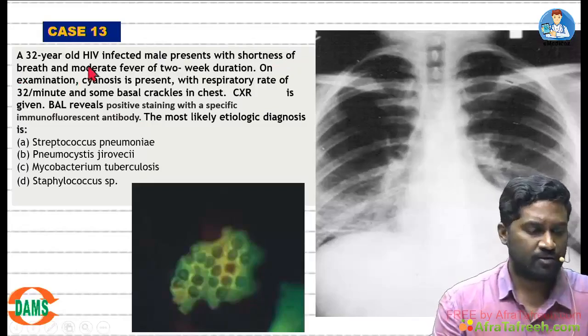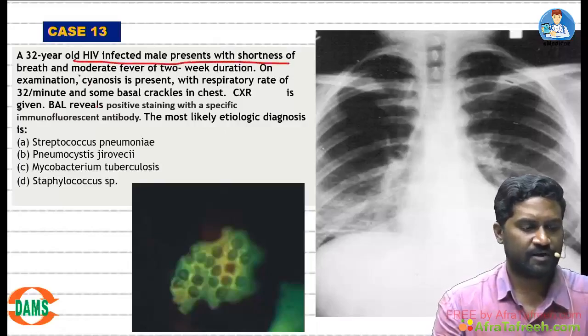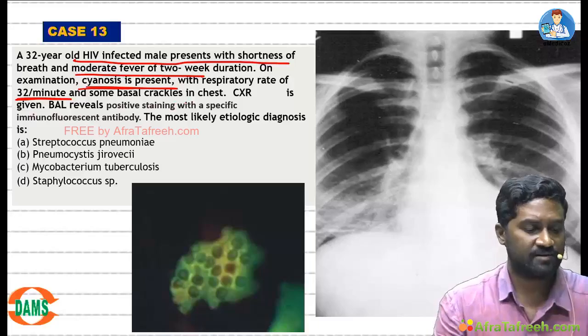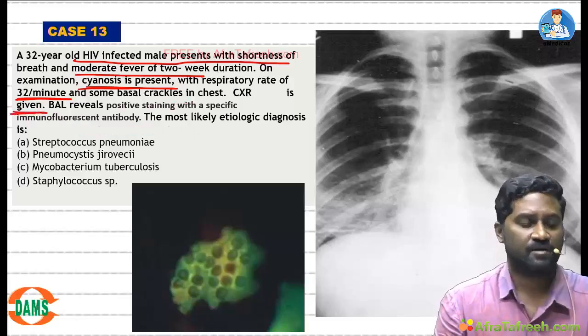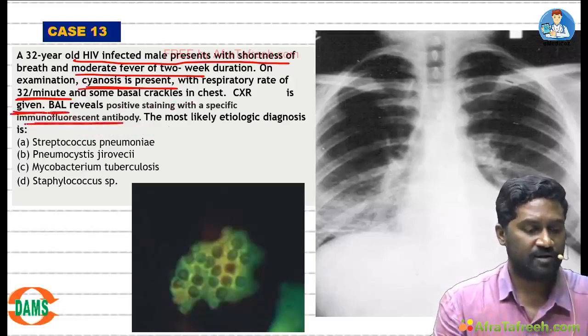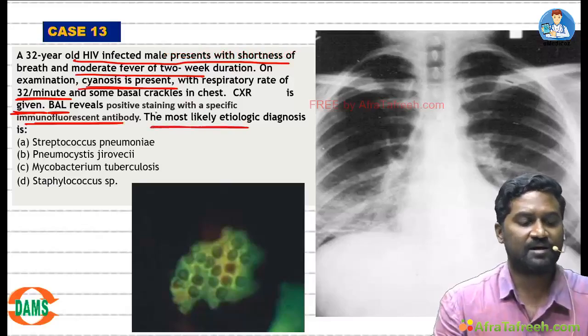A 32-year-old HIV patient with shortness of breath, moderate fever, on examination cyanosis is present with respiratory rate 32 per minute and some crepitations. Chest X-ray is given. It required bronchoalveolar lavage and we have done immunofluorescence staining. It was positive. Most likely diagnosis?